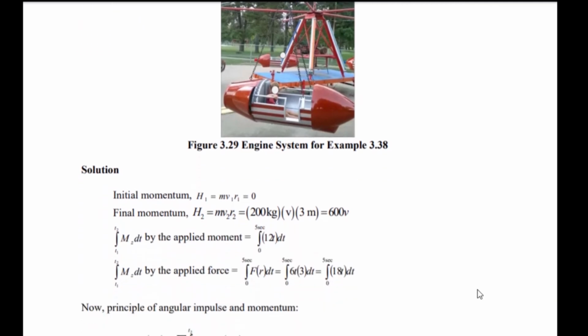We take the impulse by the moment, for which we did the integration, and then the impulse by the applied force times distance times the time, so 60 times my radius, total is 18t. Again, if I apply different types of angular impulse, we have to add them together. So we added the impulse by the moment and the impulse by the force.